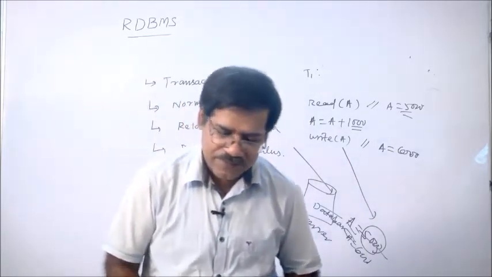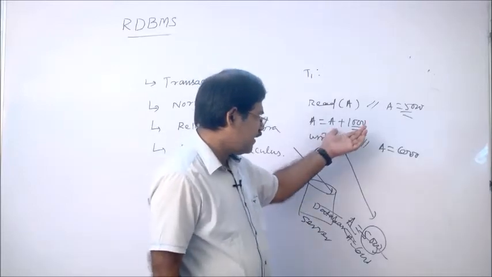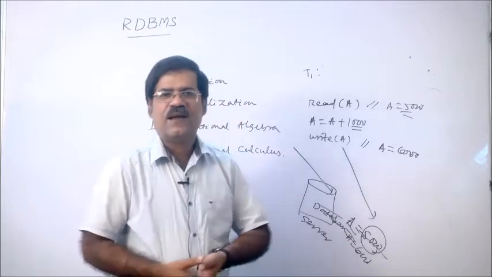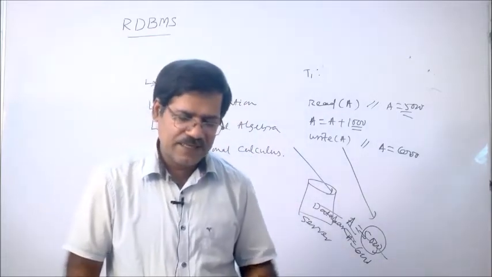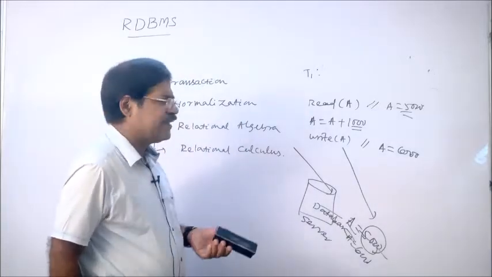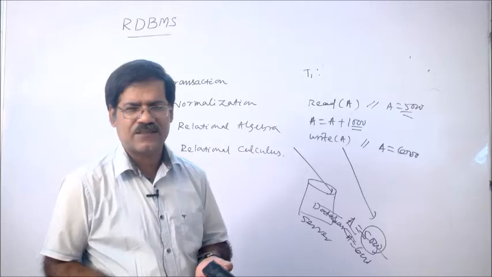The old value is 5000 and the updated value is 6000. If you withdraw something, this will be minus. These are the basic transactions we perform in day to day life in a bank. This is related to transactions: so many operations, how to control the transaction, what are the states of transaction.